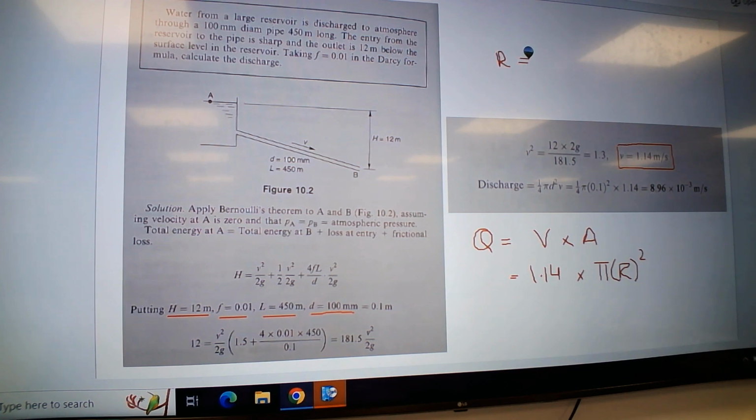The radius is here, oh sorry, that's the diameter. So r is going to be 0.05 meters. We put that in, and we get the value for the Q.